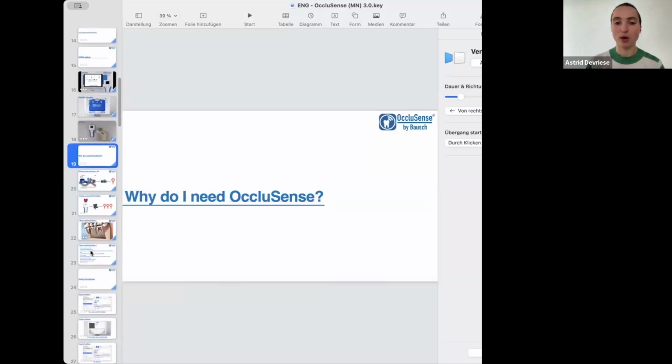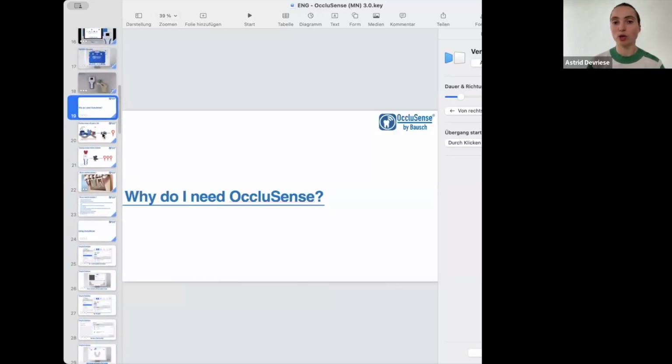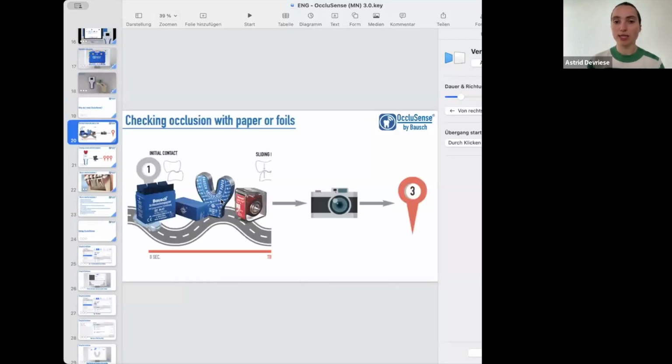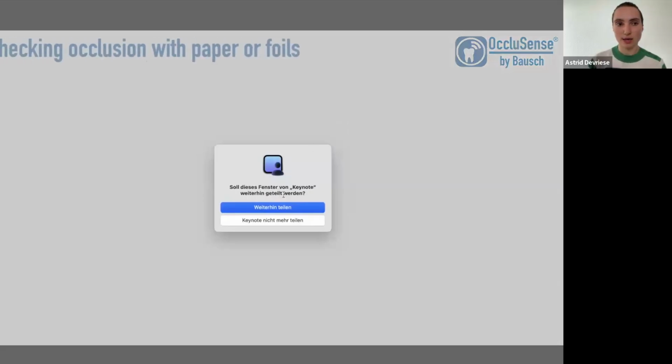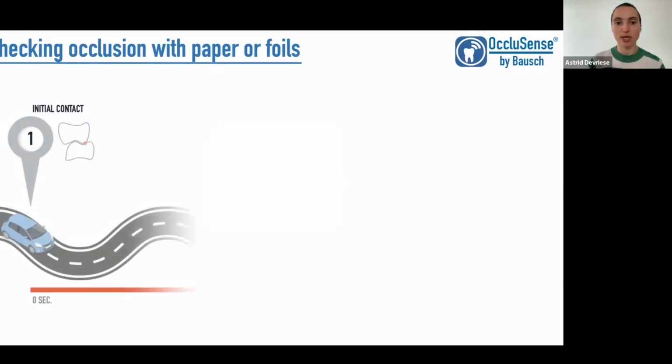And now I want to come to the point why OccluSense is really beneficial for the clinical practice. As I already said, if you use the occlusion with a paper foil, then you have a really huge way. I think I will just switch to the full screen mode so that you can see the pictures better.